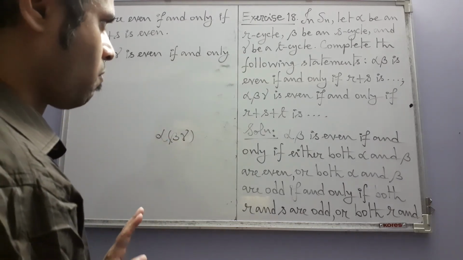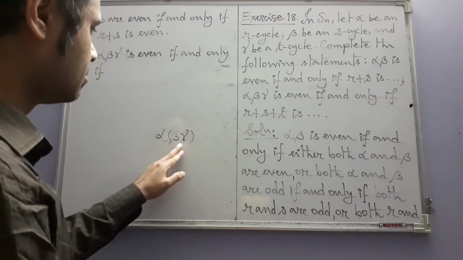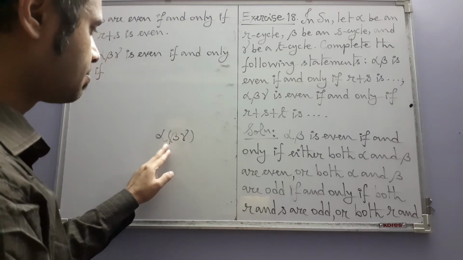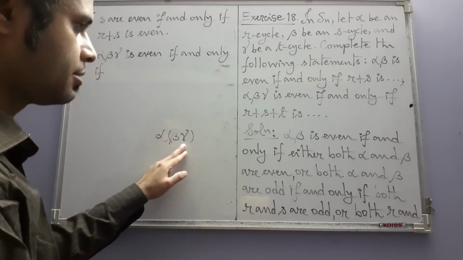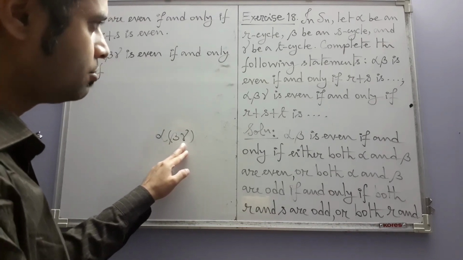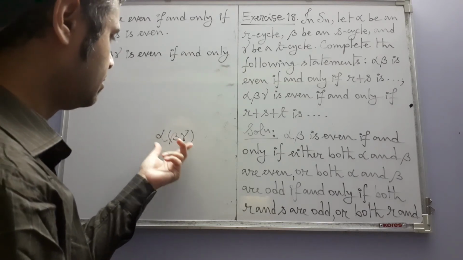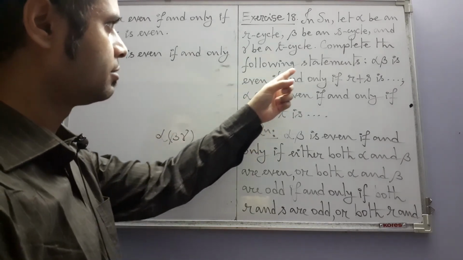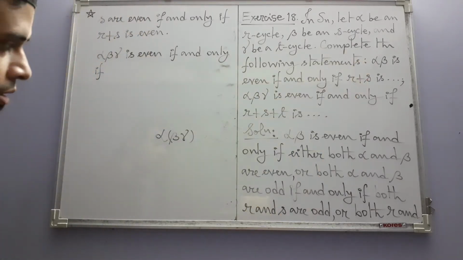No. We cannot use that here, because although we can interpret this as a product of two permutations, one of them is a cycle but the other is not necessarily a cycle. So this does not exactly look like this case. So we have to do it separately.